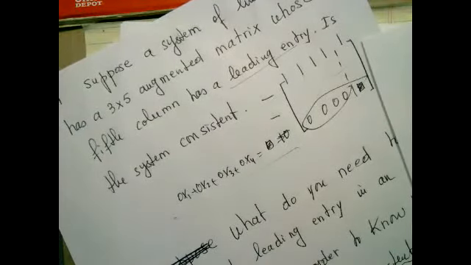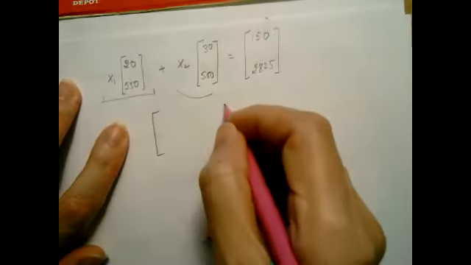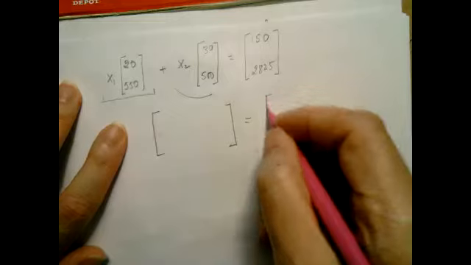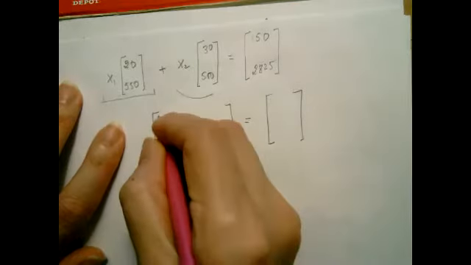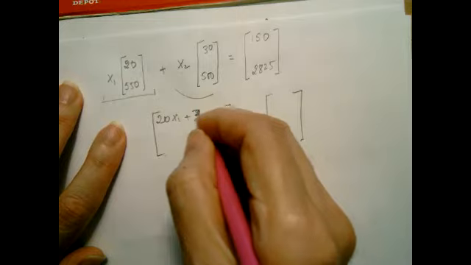And 3,500. Okay, that's the system. So again, we add those vectors as we did before, and we set this equal to the target, so I need to solve for X1 and X2.